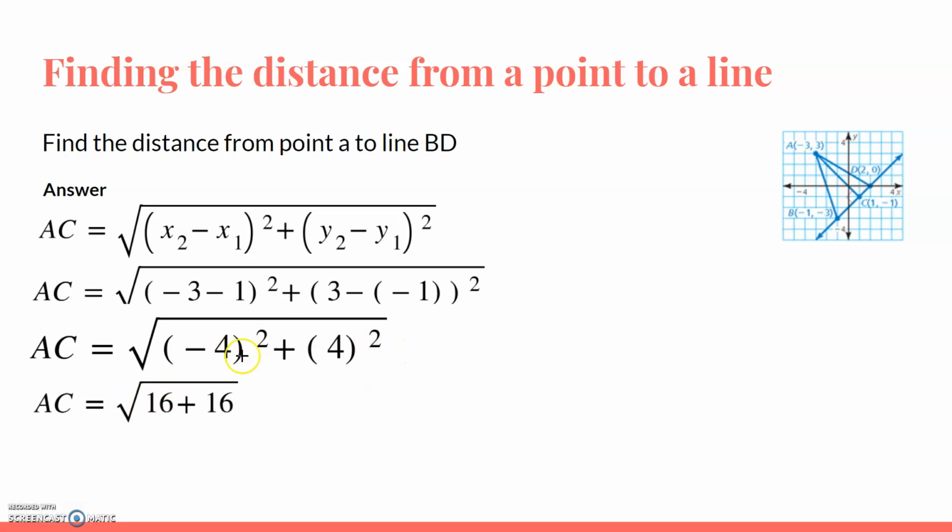Squaring both, we get the square root of 16 plus 16, and adding them up, AC is equal to the square root of 32. Taking the square root, AC is equal to 5.7 units. So the distance from point A to line BD is 5.7 units.